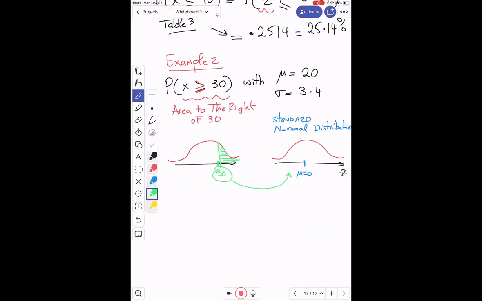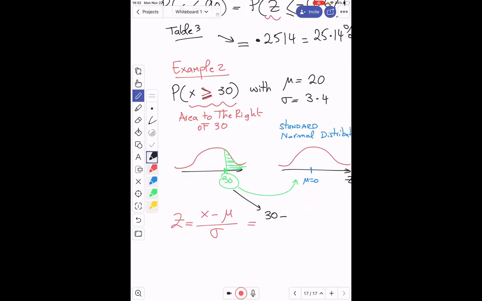So to convert 30, we need to use, as I said, z equals x minus mu over sigma. So in our problem here, x is 30 minus mu. In this example, mu is 20. So you see, guys, the mean depends on the problem.